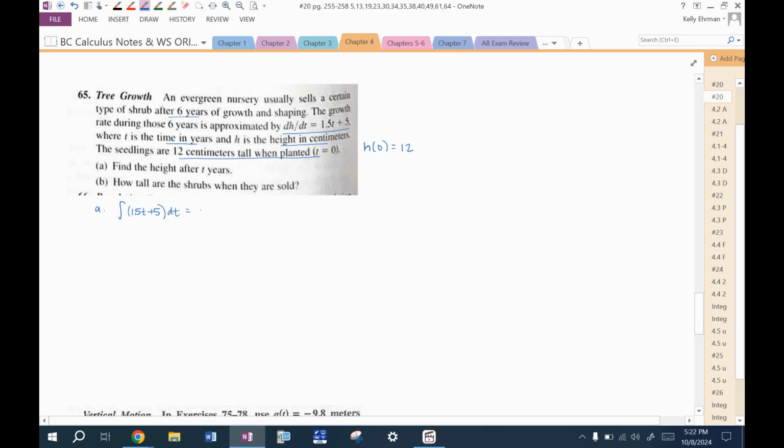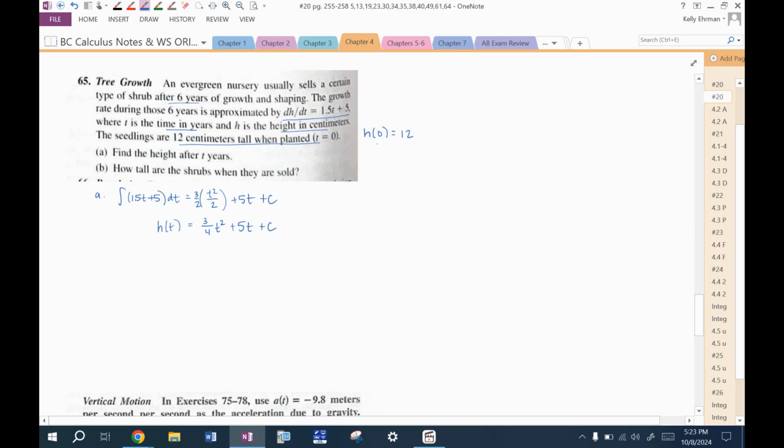When I integrate that, 1.5 is 3 over 2, and then I'm going to get t squared over 2 plus 5t plus c. So I'm getting right now that H of t is equal to 3/4 t squared plus 5t plus c.